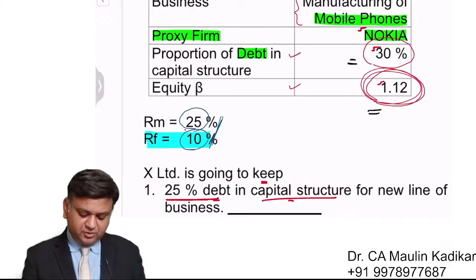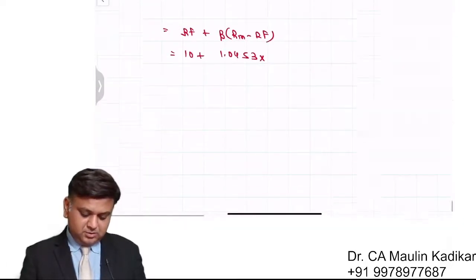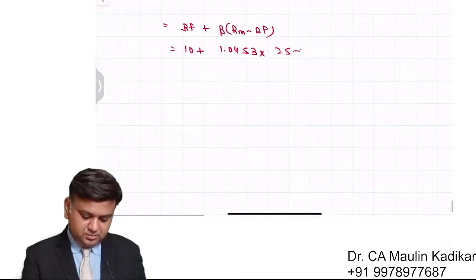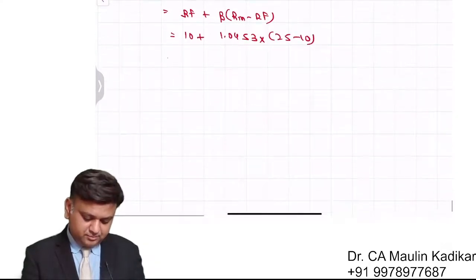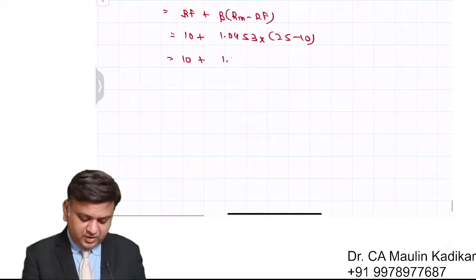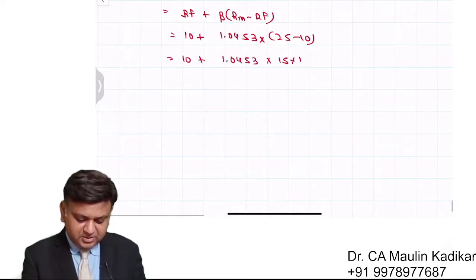Return on the market portfolio is 25, RF is 10. 1.0453 into 15%.